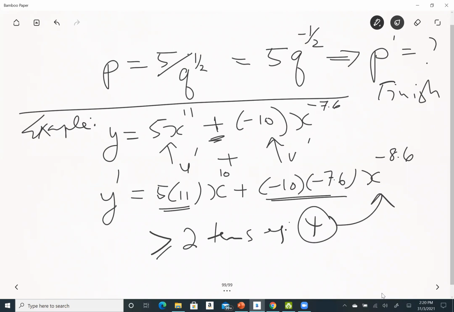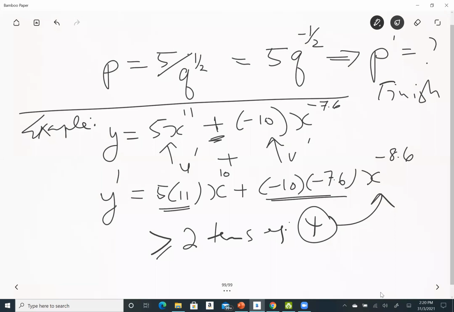You just differentiate each term. Let's look at one question where we have more than 2 terms. Otherwise, we will just generate one.